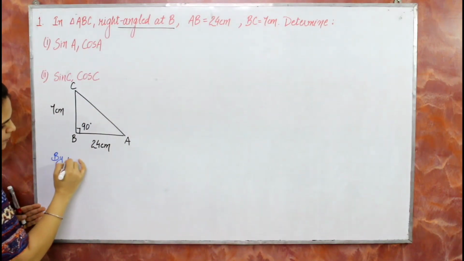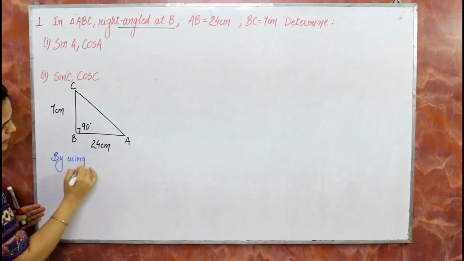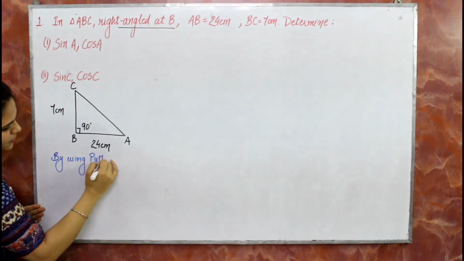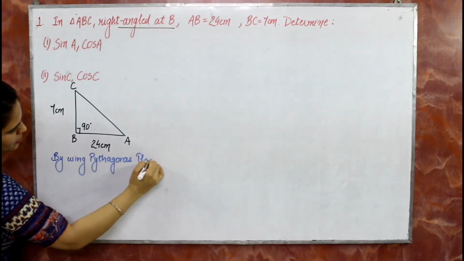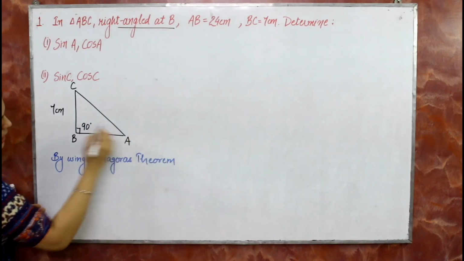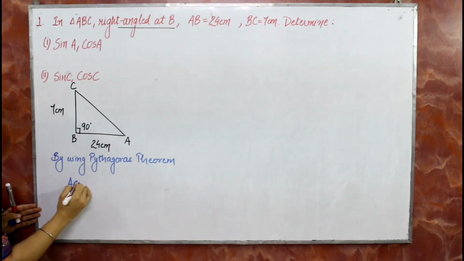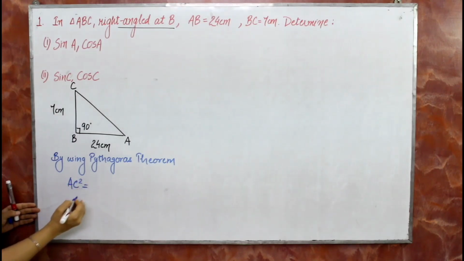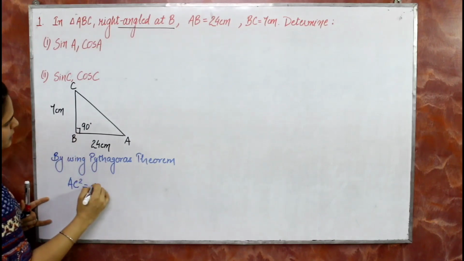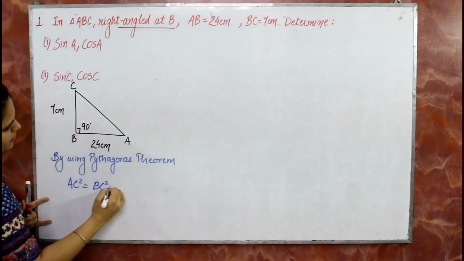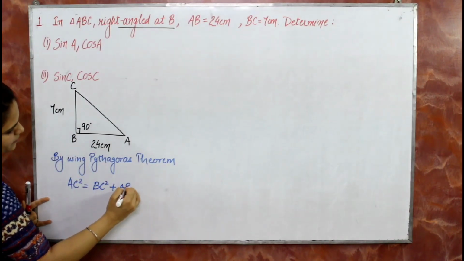By using Pythagoras theorem, hypotenuse square is equal to square of BC plus AB.